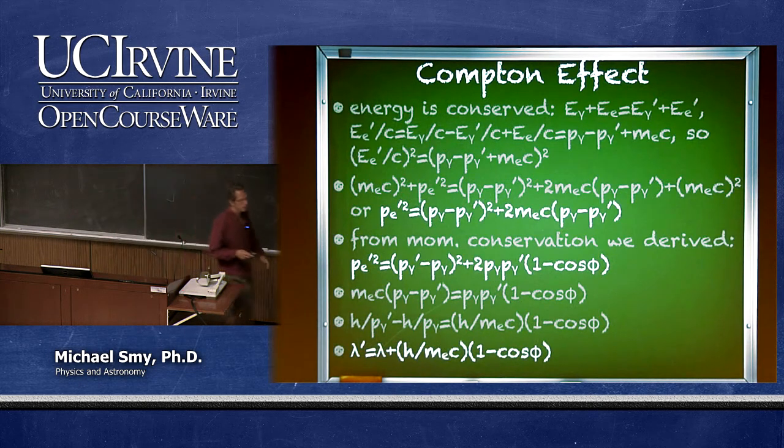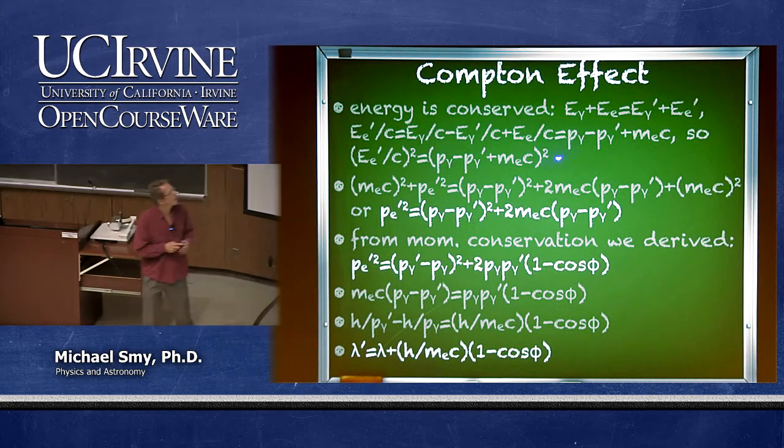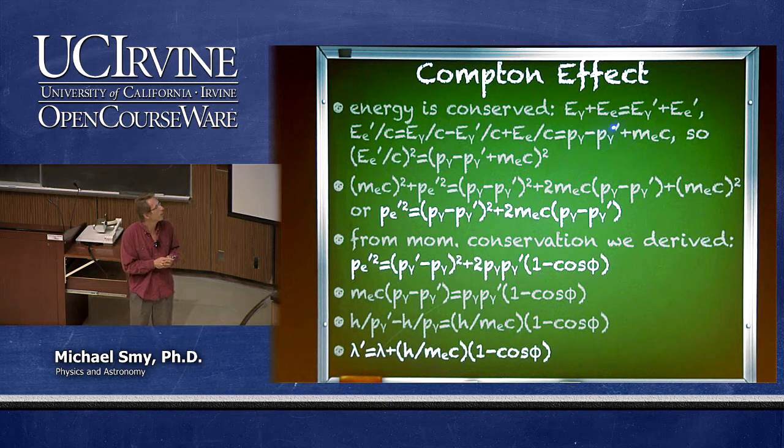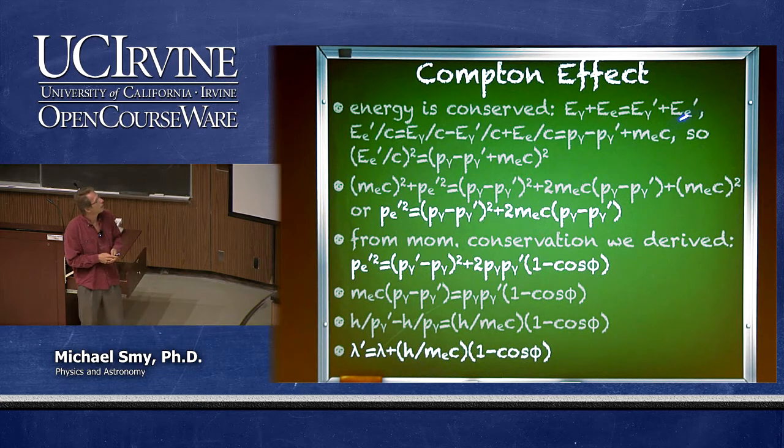So since the energy is conserved, that means that the initial energy of photon and electron must be equal to the final energy of photon and electron. And if I solve this for E prime and divide by the speed of light, then I get this, and I recover here the momentum of the initial photon and the momentum of the scattered photon, and here the rest mass of the electron.